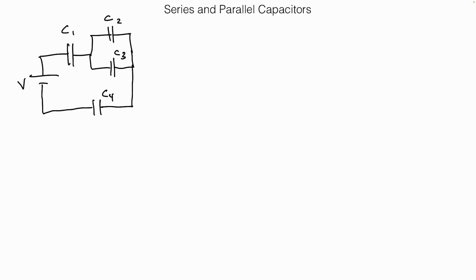Why are they in parallel? There are junctions. Now, is C1 in series with C3? No. Why not? There's a junction there. Is it in series with 2 and 3? Yes. It's in series simultaneously with 2 and 3.